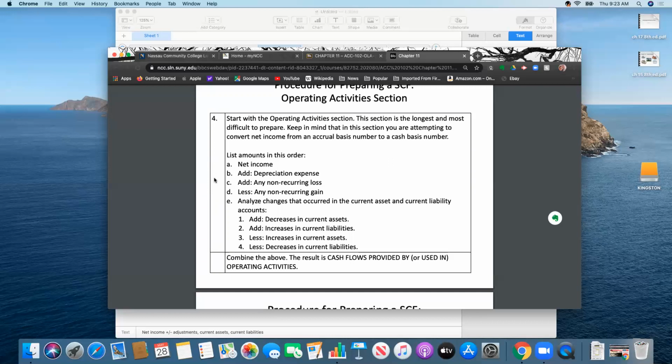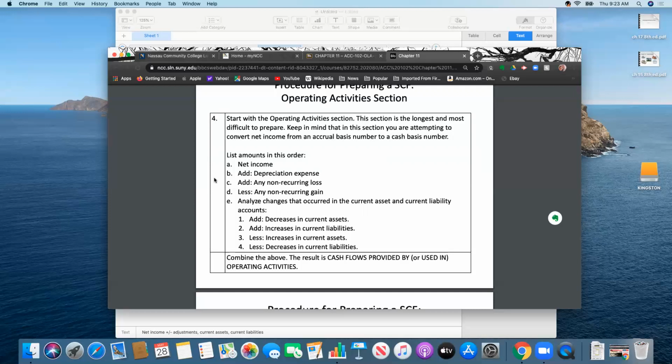So you list amounts in this order. Start out with net income, add depreciation expense, add any of those non-recurring losses, subtract any of those non-recurring gains. Now you should be finished with the income statement. You're not going to have to go back and look at the income statement again.